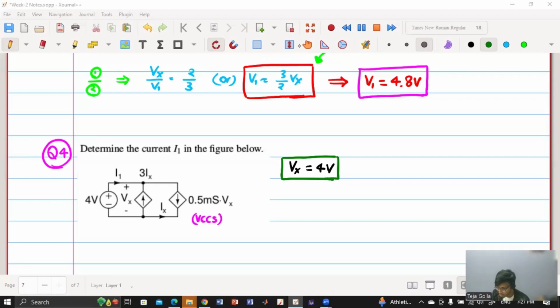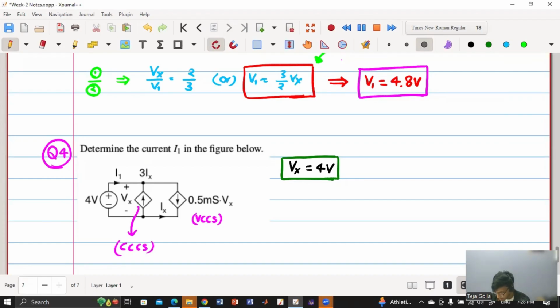Two, sir. Yes. And this is one control source. And what about this? Which type of source is this? Current control current source. Yes. This is a current control current source. So the value of this is 3 into Ix. Okay. I don't know the value of Ix. Now I have to calculate the value of Ix.